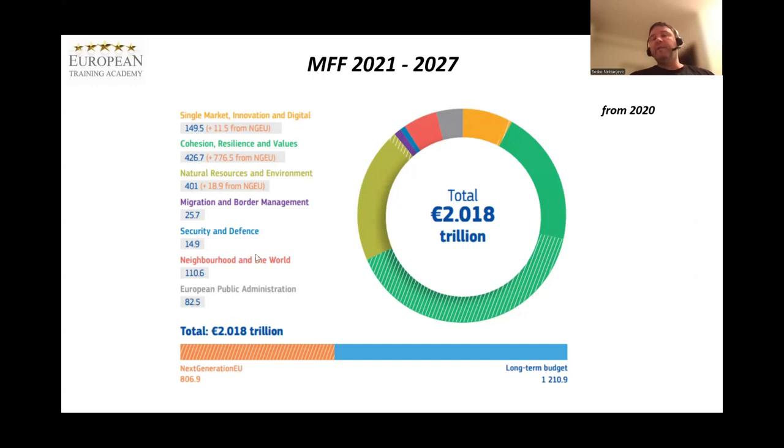But what's important to state is that this is the first time in the history of the EU, for this multi-annual financial framework, that the EU borrowed money, almost a third of its budget, which is a huge sum.